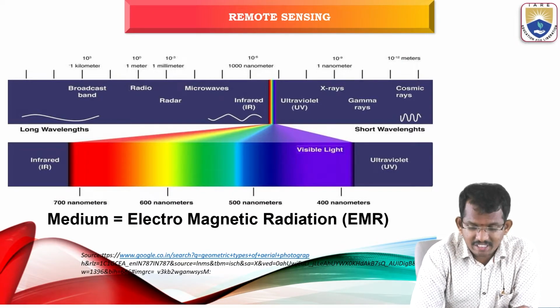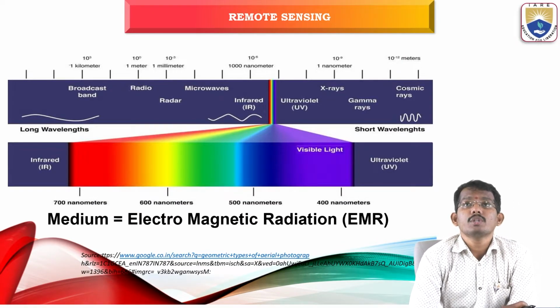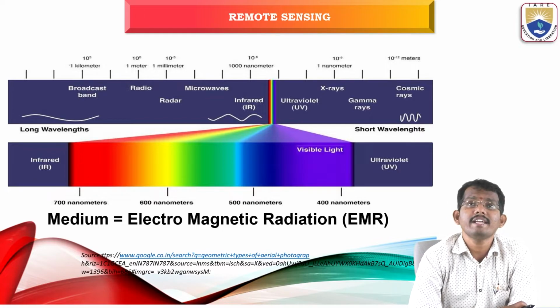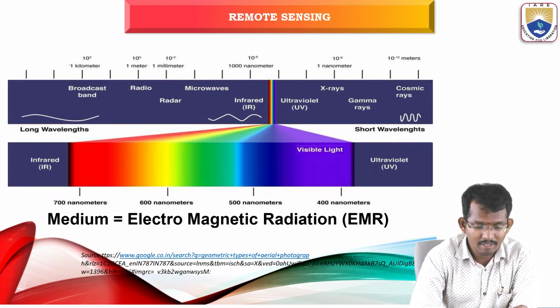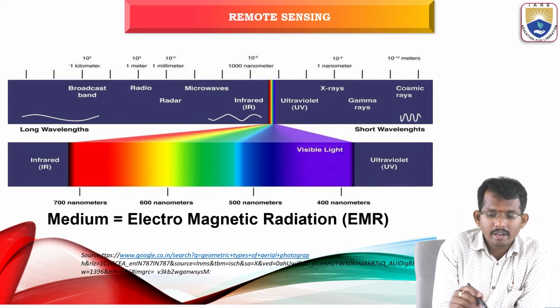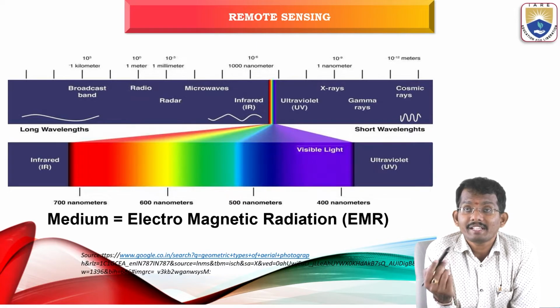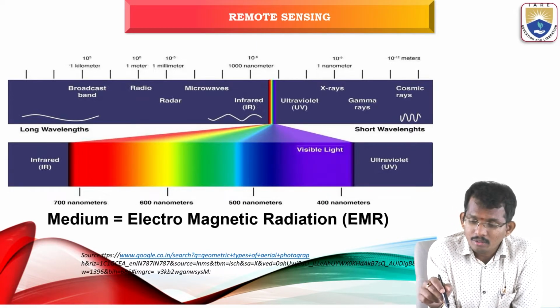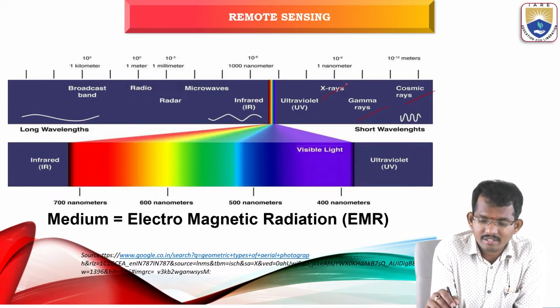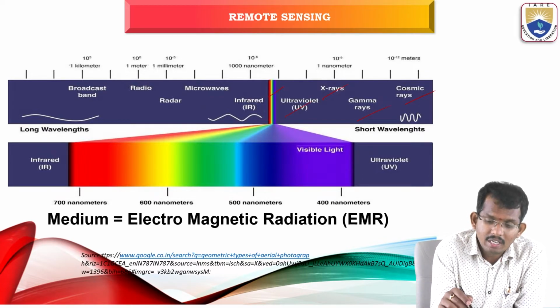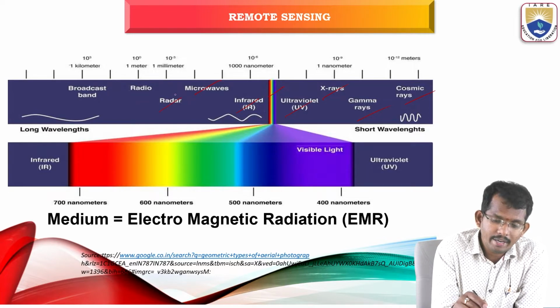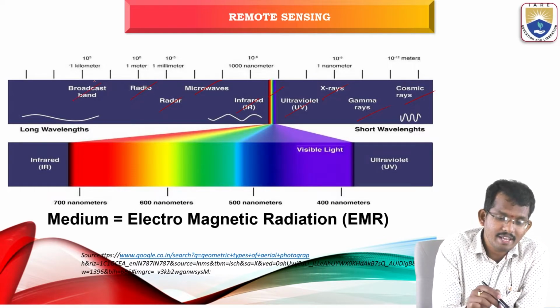Now, electromagnetic radiation or spectrum. So here in sunlight, we have various energy radiations. In the electromagnetic spectrum, there are many waves. In sunlight, we can find spectral bands and various types of rays. So starting from cosmic, gamma, X-ray, UV, visible, IR, micro, radar, radio, and broadcast waves.